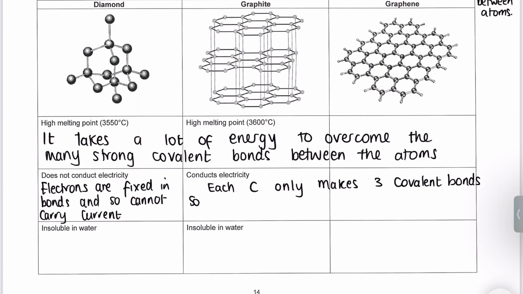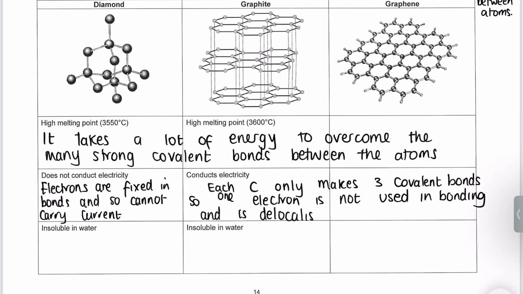So 1 electron is not used. Remember, carbon has 4 outer shell electrons. That electron is not used in bonding and is delocalized, free to move and carry charge.